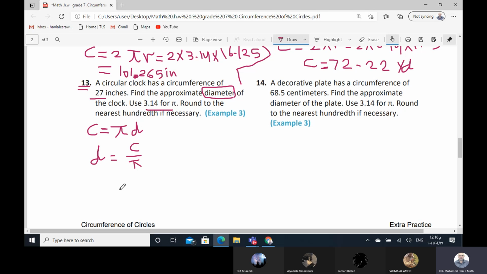Now we can substitute, so d equals the circumference, which will be 27, and the pi will be 3.14.